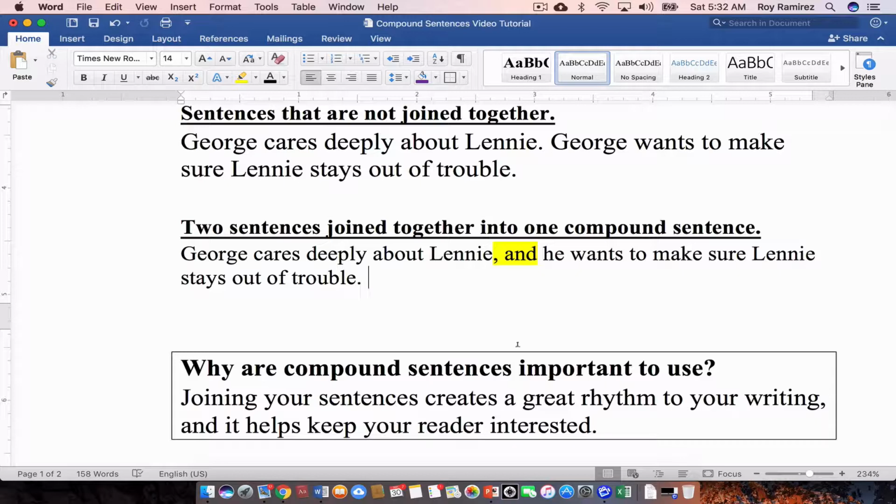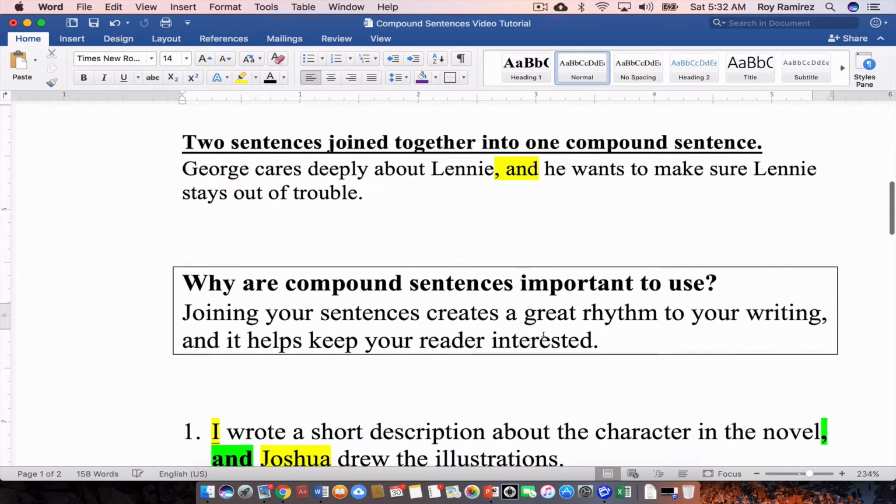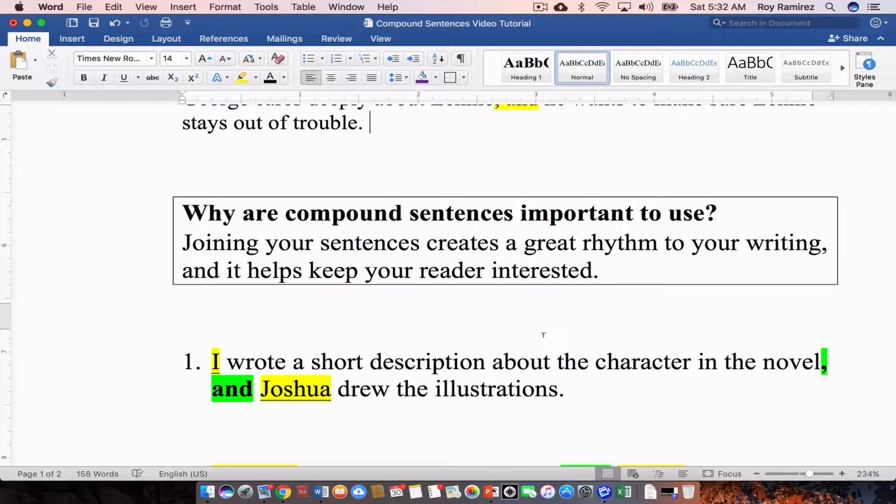When you read a sentence that's combined, you're not having to stop so much. And as we know in our reading, when we have to start and stop, it becomes kind of boring to your reader. So by joining sentences together into one compound sentence, you create a nice rhythm and a flow to your writing, which again helps keep your reader interested and definitely avoids sounding boring.